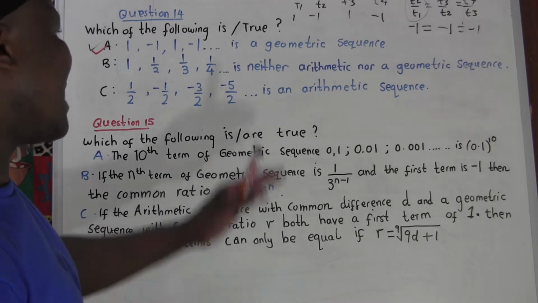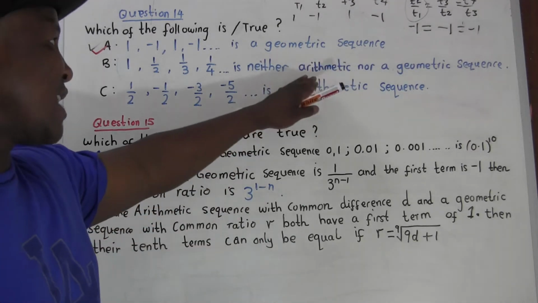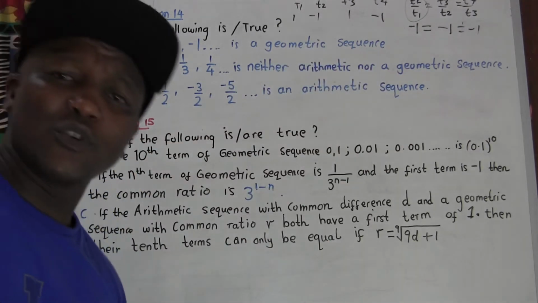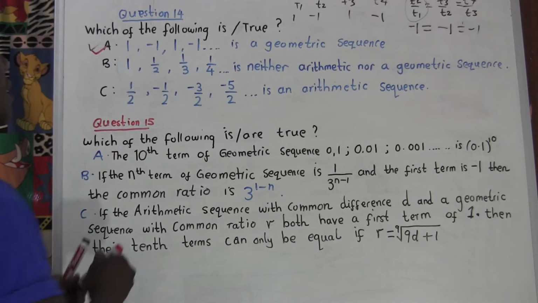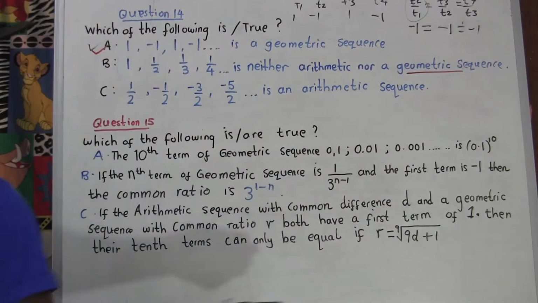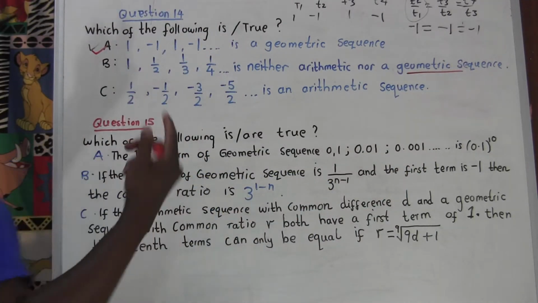Option number 2 says it is neither arithmetic nor geometric. We know geometric means when you take next divided by the previous, it must be the same. So let me start with the geometric check. A half divided by 1 is a half.